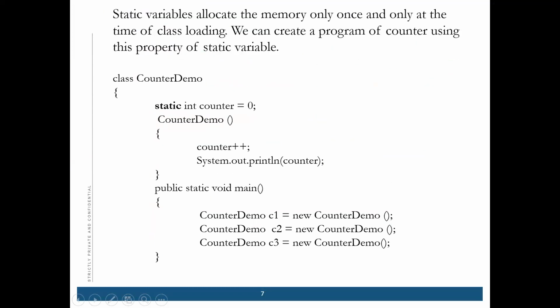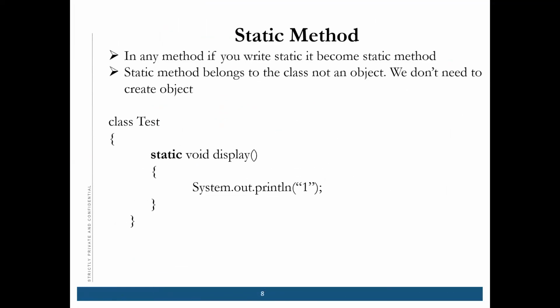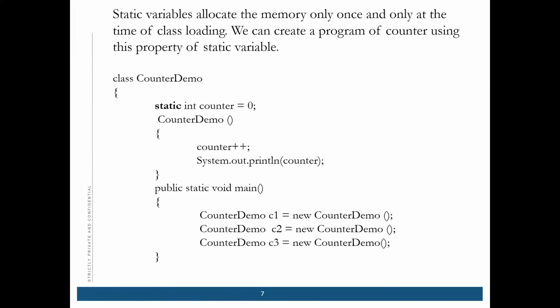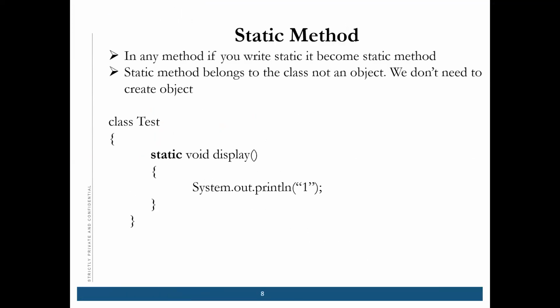So variables we are done. Now we'll go to the static method. We have learned everything about the static variable. Now coming to the static method. In any method, if you write a static keyword here, it will become a static method.